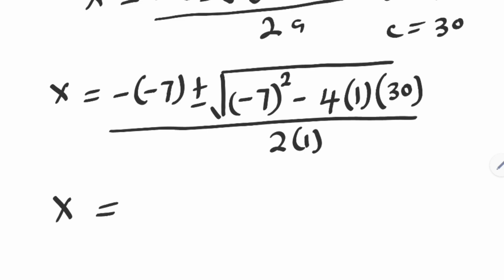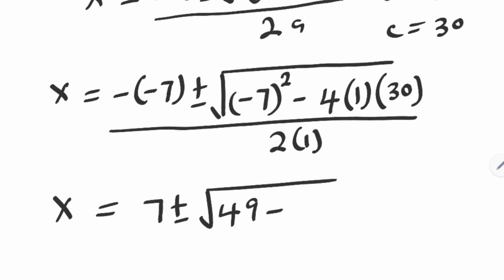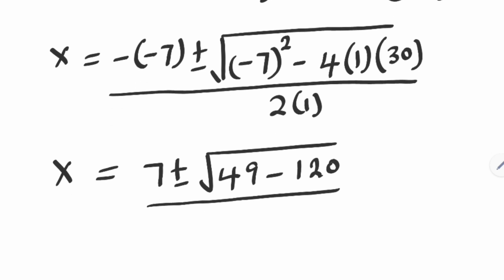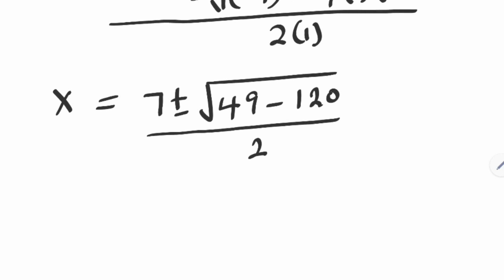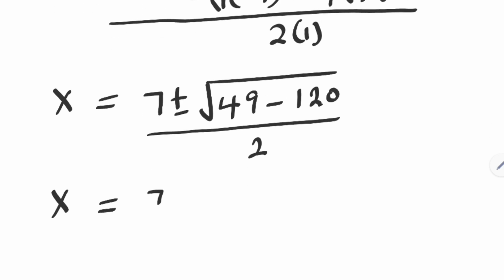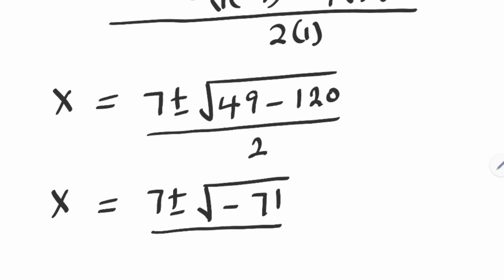x is equal to minus multiplied by minus 7, this is 7, plus or minus square root of minus 7 squared, that is 49, minus 4 multiplied by 1 multiplied by 30, that is 120, divided by 2 multiplied by 1, 2. x is equal to 7 plus or minus square root of 49 minus 120, that is minus 71, divided by 2.